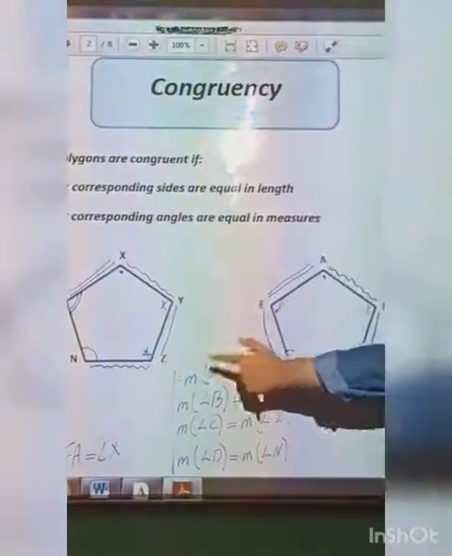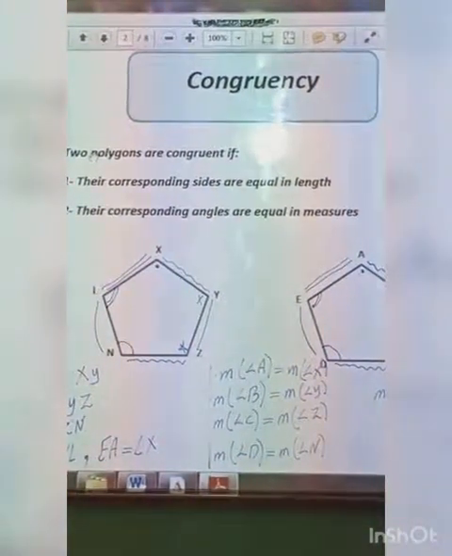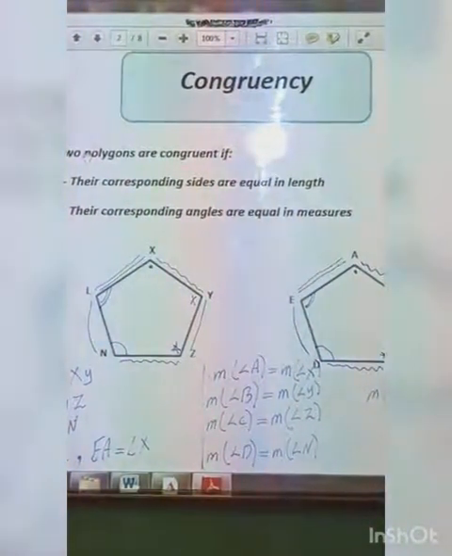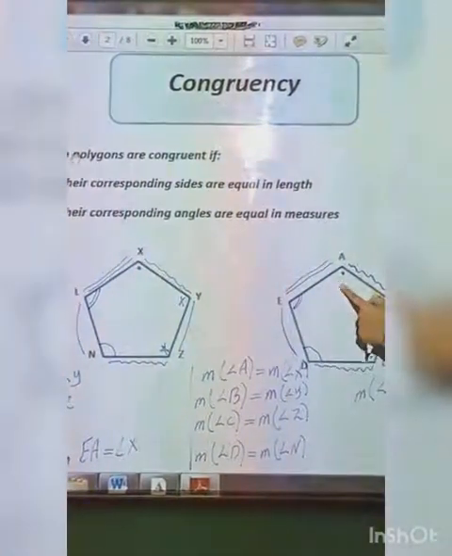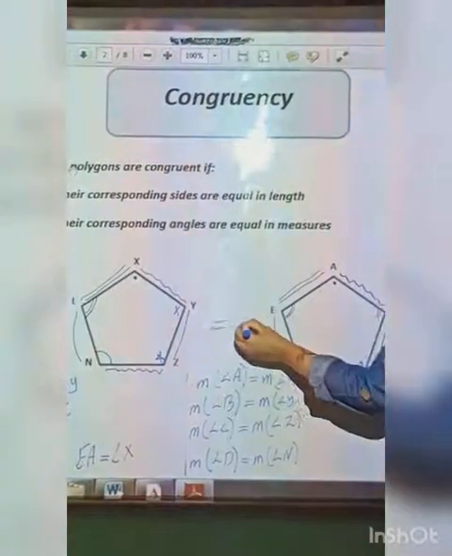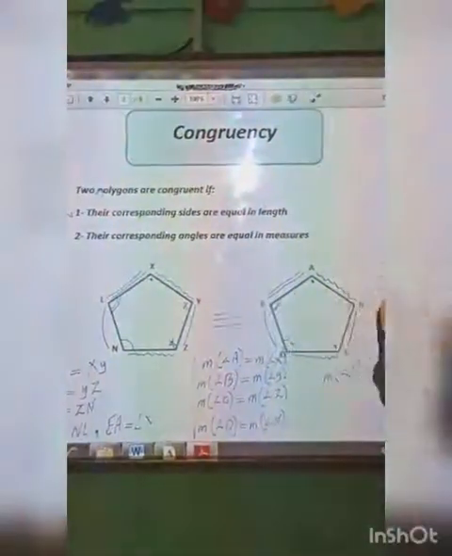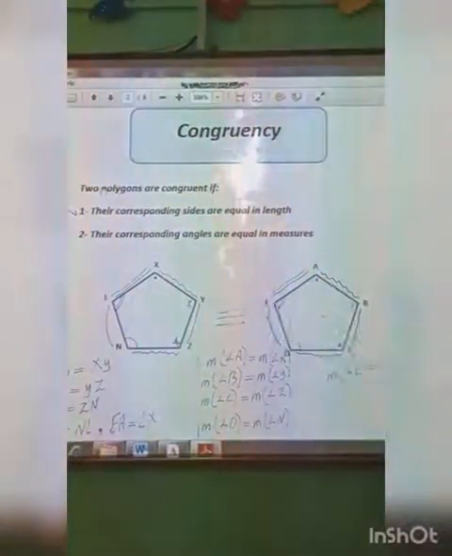The corresponding sides are equal in length and the corresponding angles are equal in measure. So, I can say now that the polygon ABCDE is congruent to the polygon XYZNL. This is the sign of congruency.